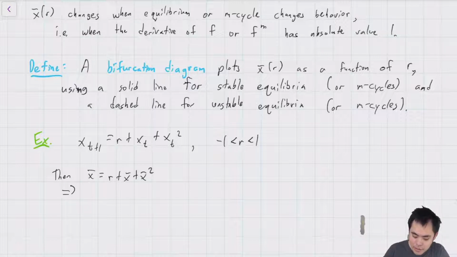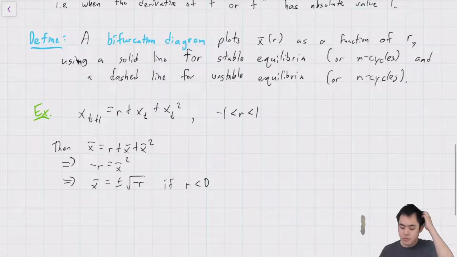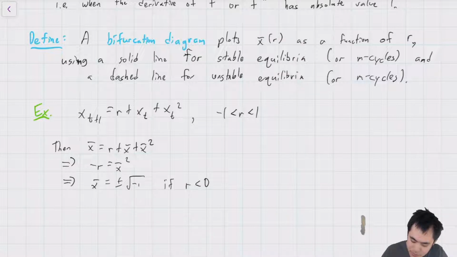But this implies that minus r is equal to x bar squared, which implies that x bar is equal to plus or minus the square root of minus r, if r is less than 0. So if r is greater than 0, then you don't have any real equilibria because they're imaginary. Let me make sure this is clear. That's minus r.